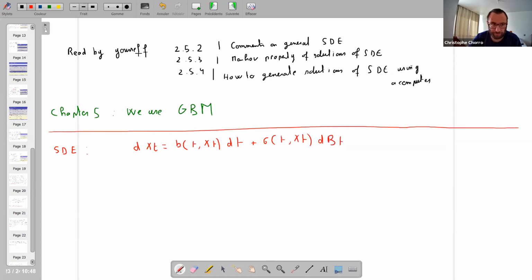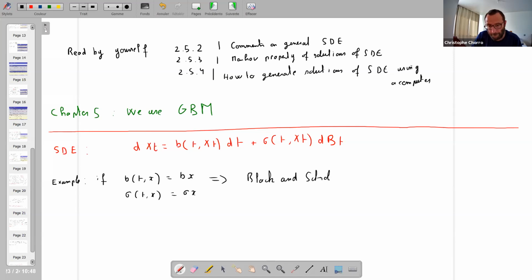So in particular, as an example, if b of t,x is equal to bx, and if sigma of t,x is equal to sigma x, I recover the Black-Scholes stochastic differential equation.